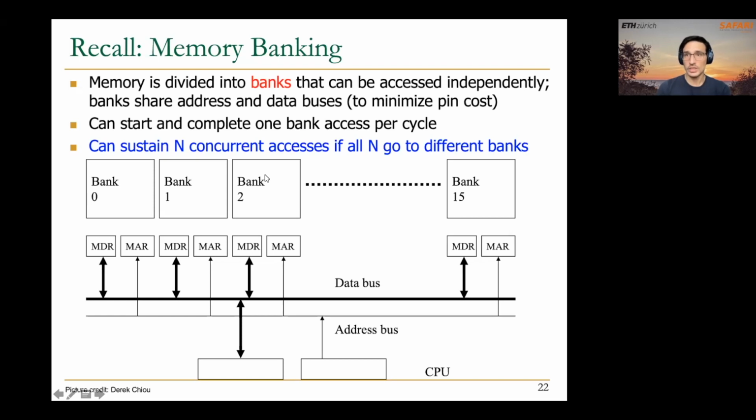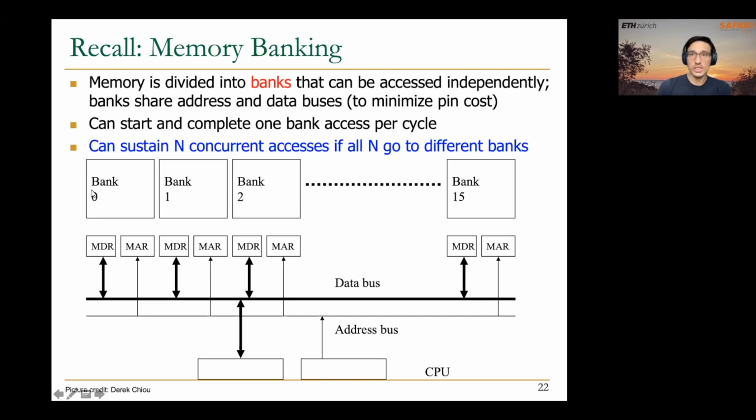In this particular case, we only want to access elements that reside in even banks. So we would access element 0, element 2, element 4, and so on, until bank 15, where we won't have any access because this is odd numbered. So the access to element 16 will be to bank 0 again, because element 16 is going to reside in bank 0, since we only have 16 banks.